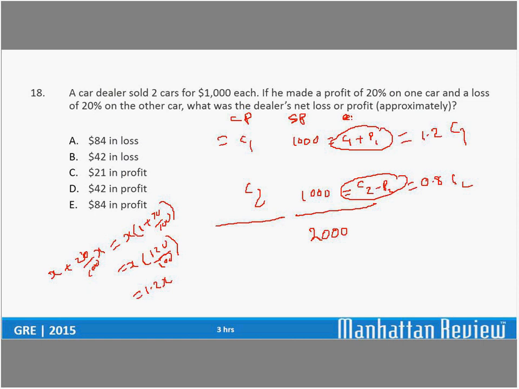It is 833.33. What is 1000 by 0.8? It is 1250.